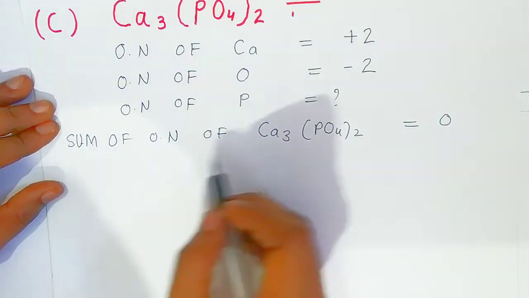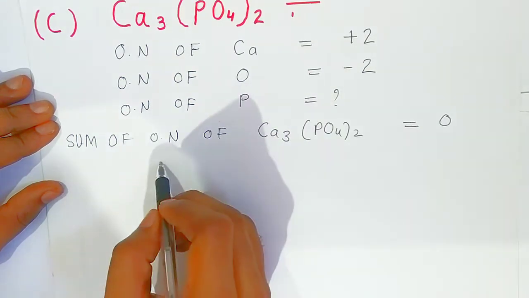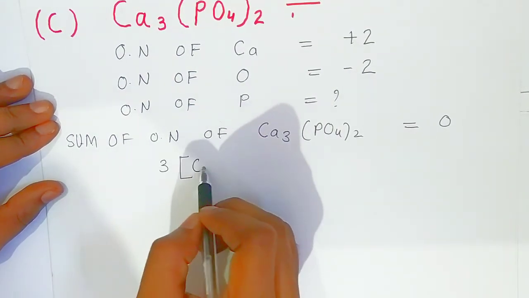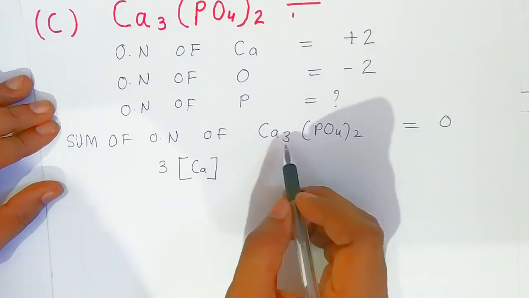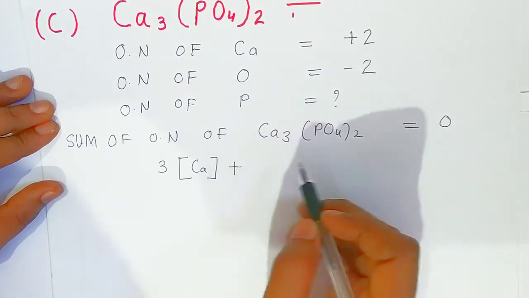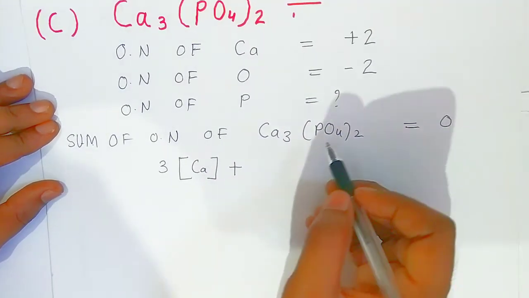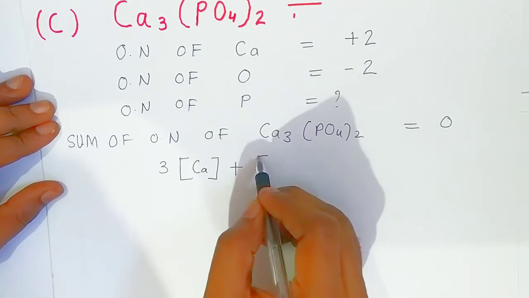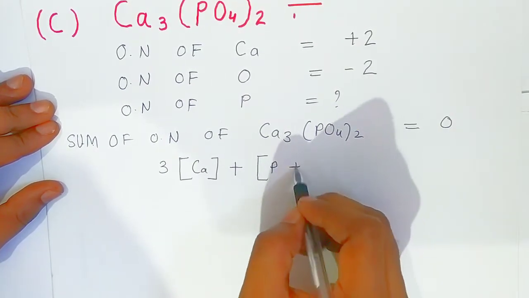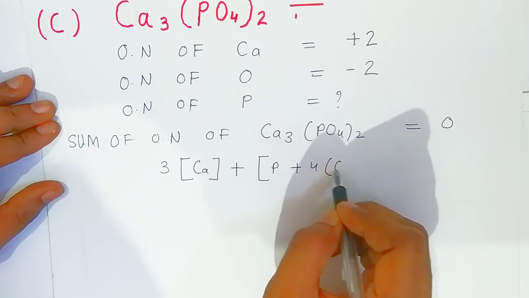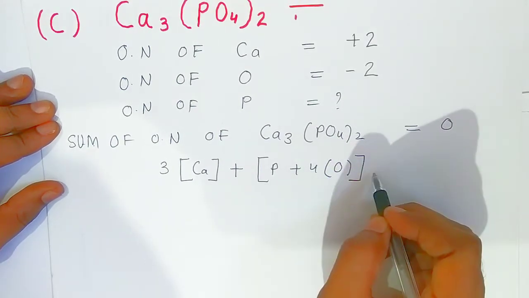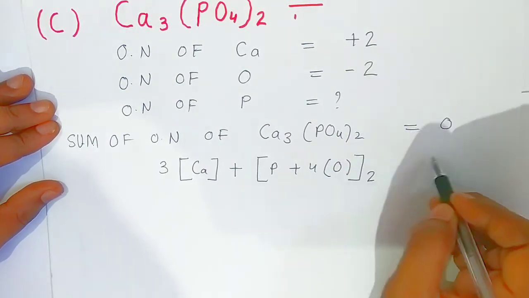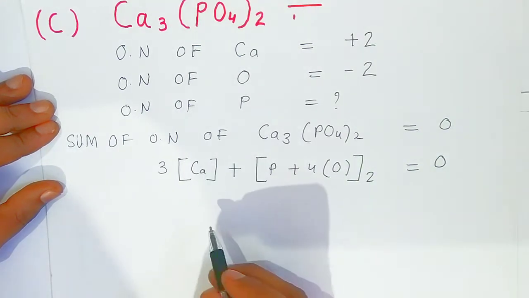So how are you going to write it, students? Here 3 calcium atoms are there. This compound is made of 3 calcium atoms, plus it is made up of phosphorus, plus 4 times oxygen, and twice, it is equal to 0, correct students?